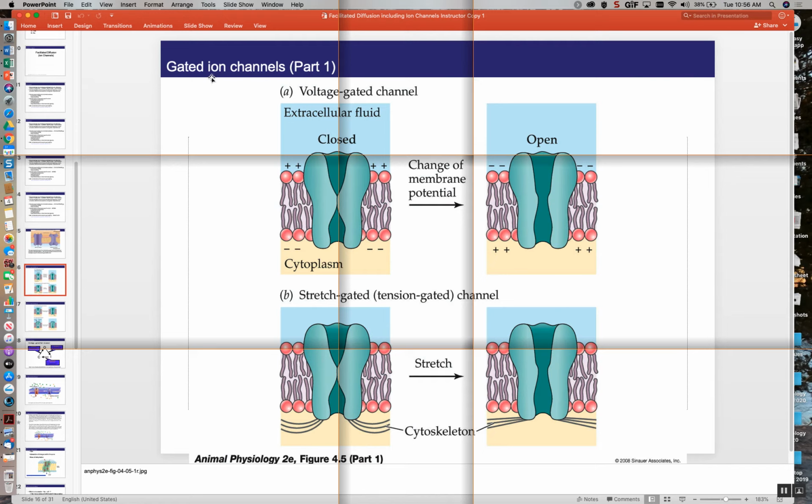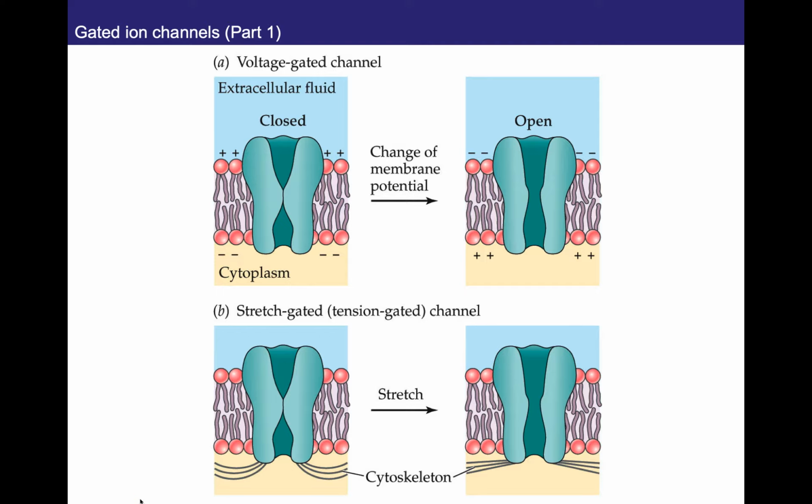So the voltage-gated ion channels, let me blow this up a little bit. We talked a little bit about this already. Voltage-gated ion channels open in response to a change in membrane voltage. So for voltage-gated sodium channels, remember at rest the inside of the cell is usually negative, outside positive.